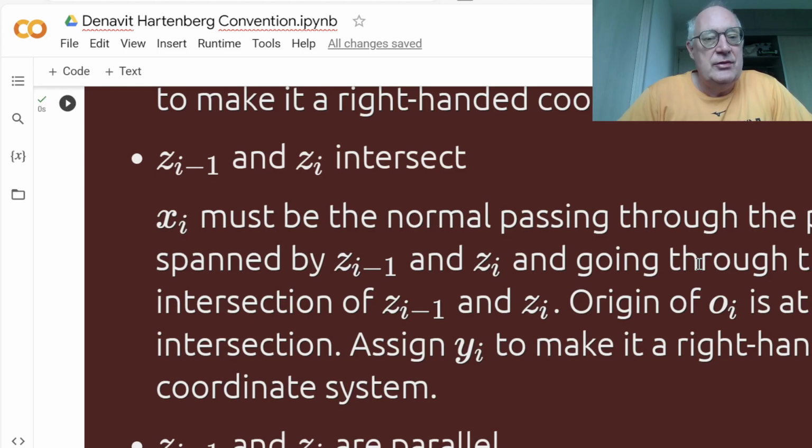In that case, the amount that I need to travel from zi minus 1 along xi to get to zi must be 0. The variable a for our Denavit-Hartenberg convention, if the two intersect, then that must be 0.